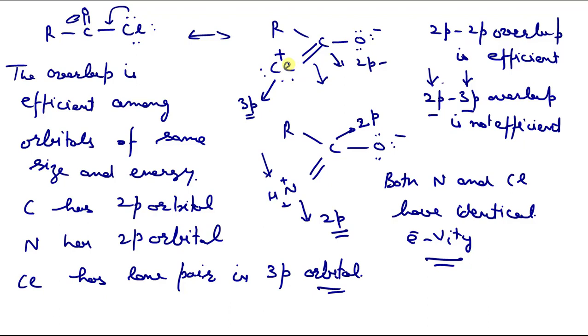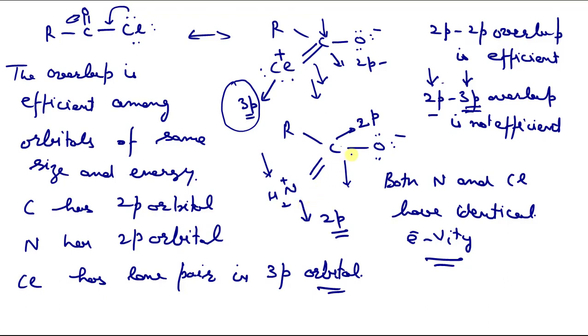In case of acid chlorides, it is 2p orbital of carbon and 3p orbital of halogen that are overlapping, and this overlap is not effective. Why? Because 3p orbital is bigger in size than 2p orbital and also has higher energy. Whereas in amides, the overlapping orbitals are 2p of carbon and 2p of nitrogen, so the overlap is efficient.